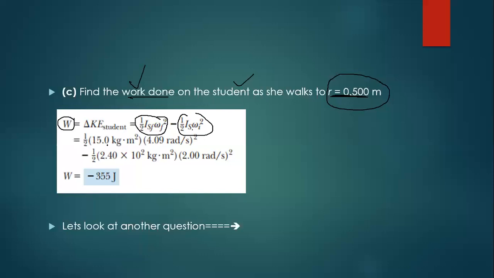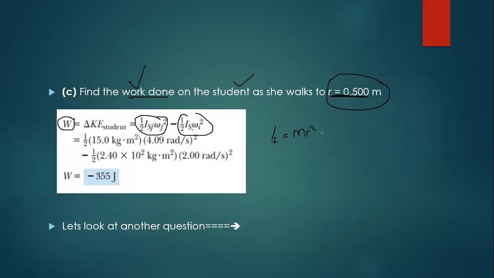So the moment of inertia for the student has been given as 15 kg per meter squared. Now, what does it mean, 15 kg per meter squared? The moment of inertia for the student final is just the mass times the radius squared, where the student was.